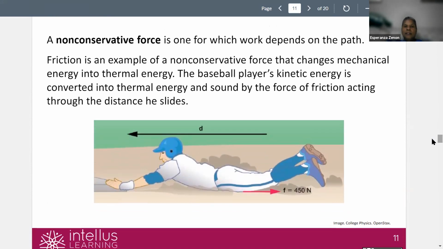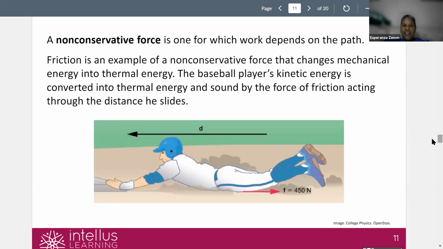They give you an example here of this baseball player that's sliding, and there's a friction force being exerted on the player. Notice that the player's displacement is to the left, but the friction force is to the right.